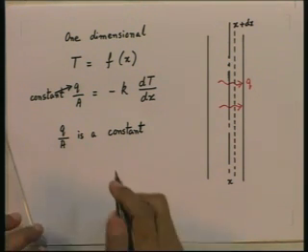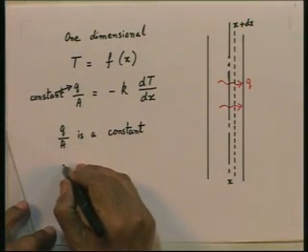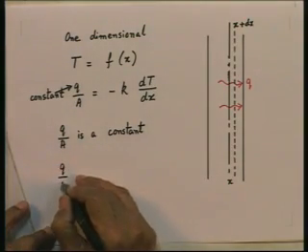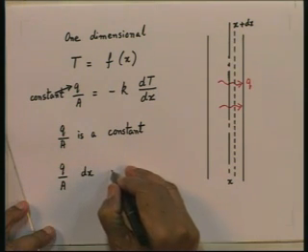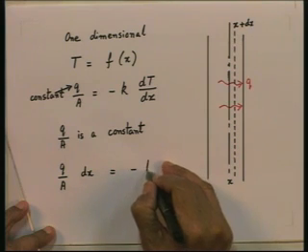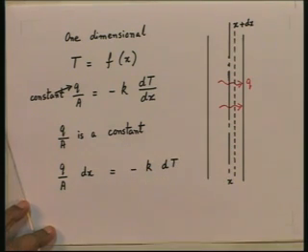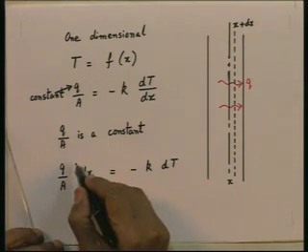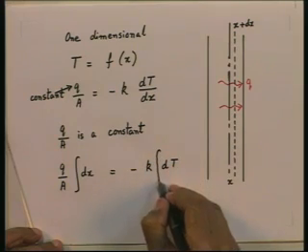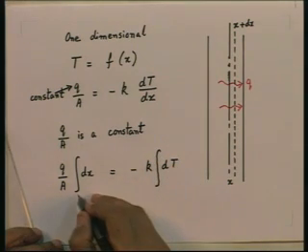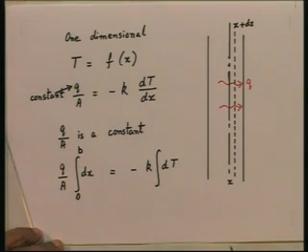Now, with that information, let me rewrite Fourier's law in the form, q by a, which is a constant, into dx is equal to minus k into dt. All right. And let us integrate this expression between the limits from one end of the slab, x equal to 0 to x equal to b.